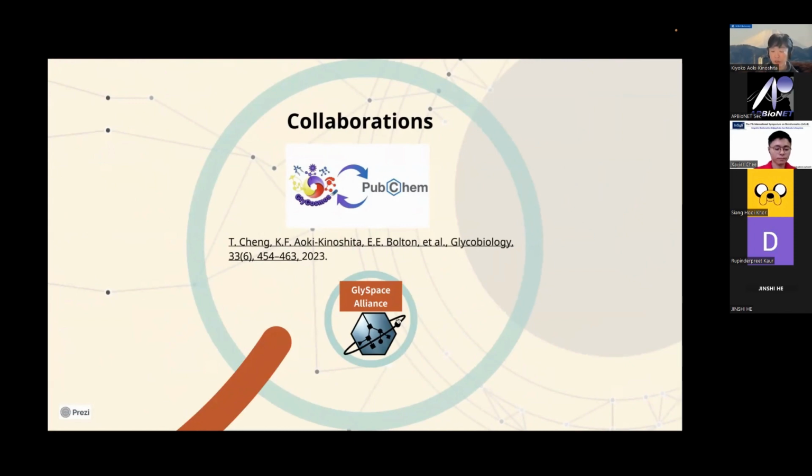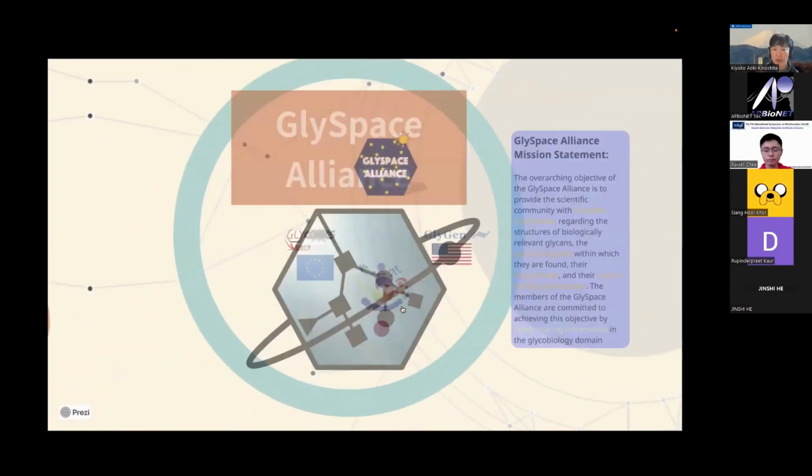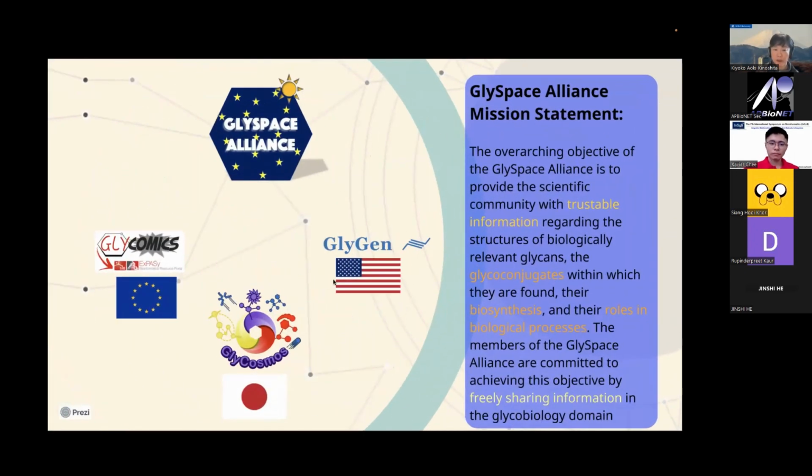Also, we've been working in what's called the GlySpace Alliance. This is an alliance between the US, which has what's called the GlyGen project, and Europe, the Glycomics@ExPASy project. These are both portals funded by their respective areas to try to integrate glycan-related data. Of course, one location can't cover everything.